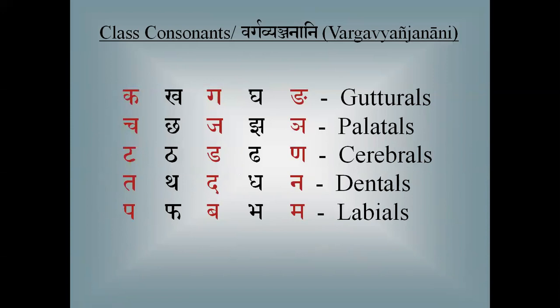So the 5 class consonants and the place of pronunciation are important to remember. Unless we know the place of pronunciation, we may wrongly pronounce the consonants. Therefore, the place of pronunciation and the conscious pronunciation of the letters are important.